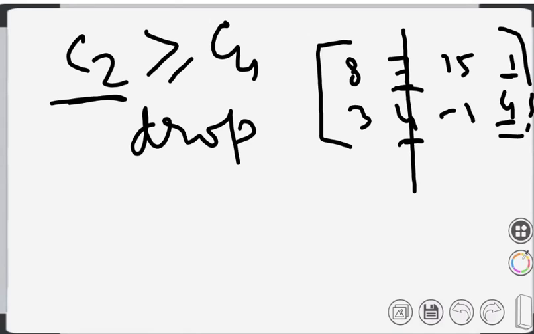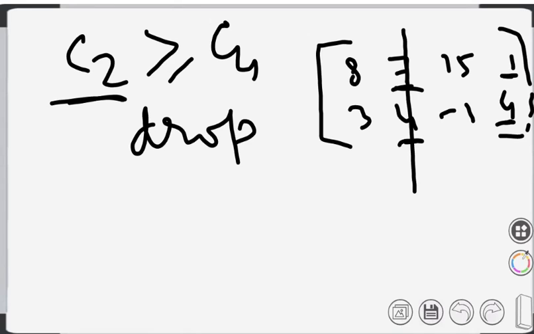All these values are positive. Positive values mean player B has to pay player A, and negative values mean player A has to pay player B. So I will repeat on dominance: for column dominance, the column with lesser values will be retained, and the column with bigger values will be omitted.